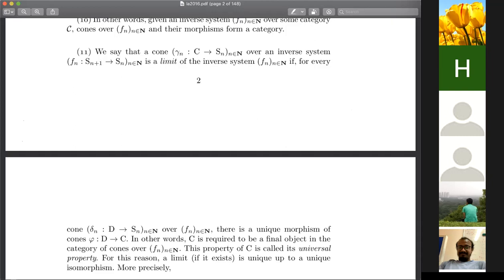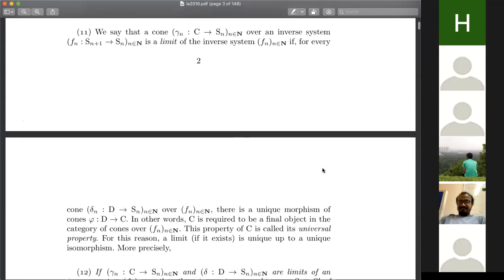That's the trivial group, because there is a unique homomorphism from any group to the trivial group. You require not just the existence of a morphism, but uniqueness as well. That's when it's going to be called a final object.